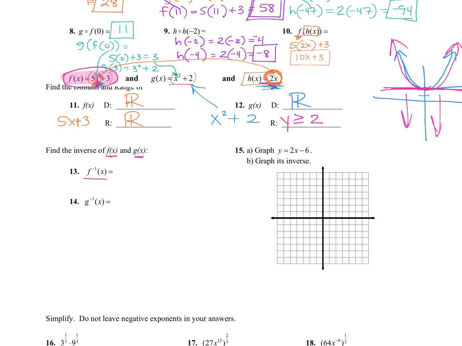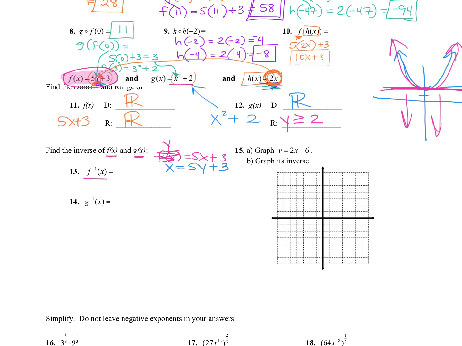Now, it started as f of x equals 5x plus 3. Don't let f of x throw you off. What's another way of saying f of x? Y, okay? So just call that your y for now. Y equals 5x plus 3. If you're gonna swap your variables, it's gonna be x equals 5y plus 3.